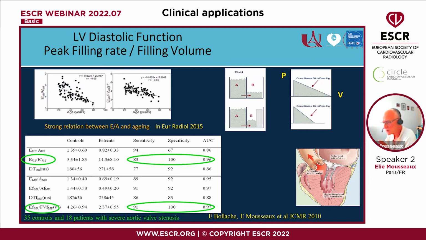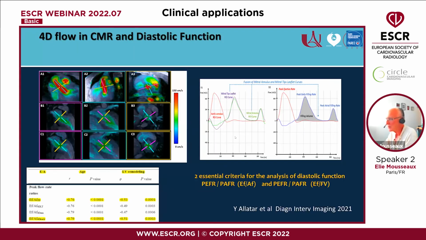And when you do some comparison, for instance, if you look at the peak filling flow that we normalize by the filling volume, sorry, I will go back a little bit here. For the diastolic function, now it's very easy to do. We only use the peak early filling rate, and we normalize this peak early filling rate by the area under the curve, and this volume is called the filling volume of the left ventricle.